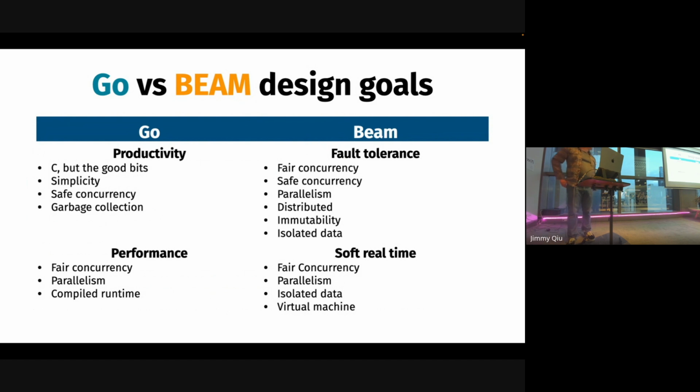Parallel, I'll touch on the difference between concurrency and parallel in a minute. And it's compiled. So all the stuff around concurrency, garbage collection, everything is compiled into a static binary. So it's got to bring its own stuff with it. It's like going camping. You've got to pack your own tent and pots and pans and all that stuff and carry it with you. With Beam, really focused on fault tolerance.